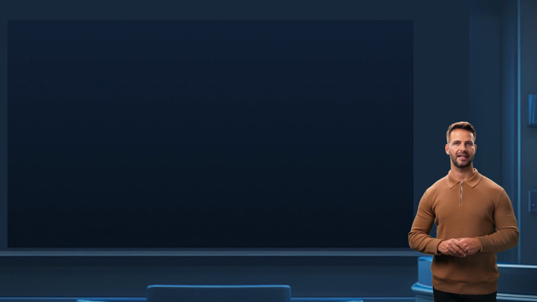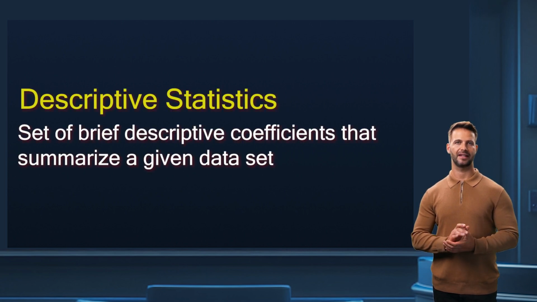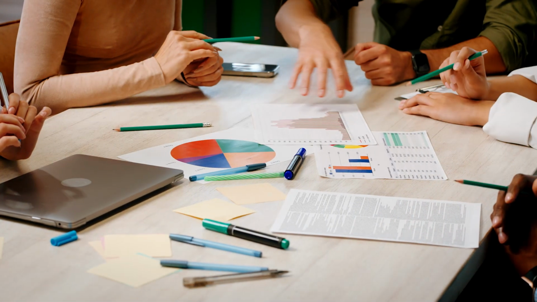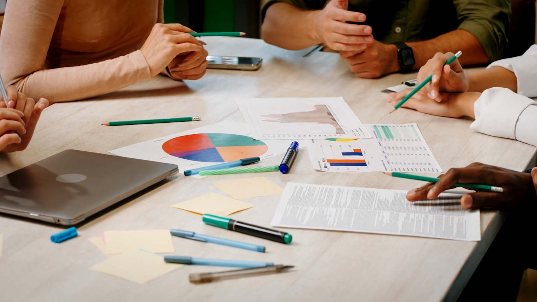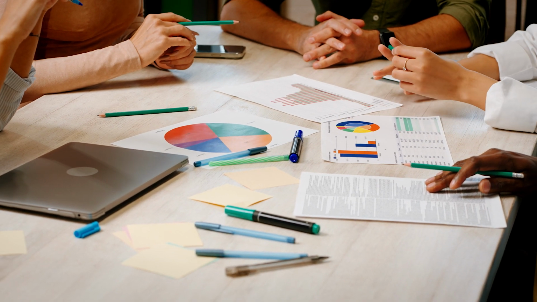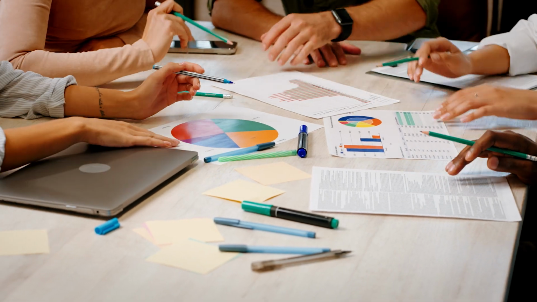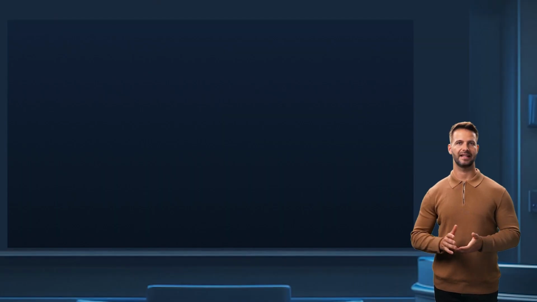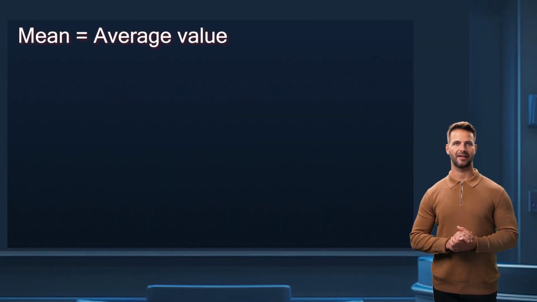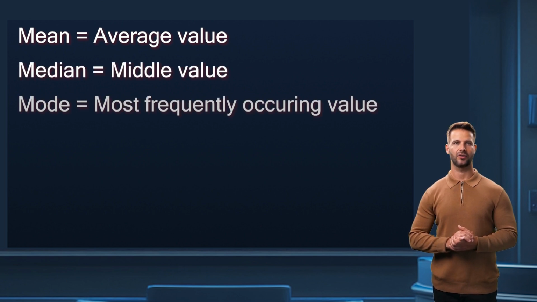The 4th component is descriptive statistics. Descriptive statistics is a set of brief descriptive coefficients that summarize a given dataset, representative of an entire or sample population. They provide a summary of the data, and they are broken down into key metrics or key components. You have heard these words already in the first lectures, so you should be getting used to them. These components include the mean, which is the average value, the median, which is the middle value when data is sorted, the mode, which is the most frequently occurring value.